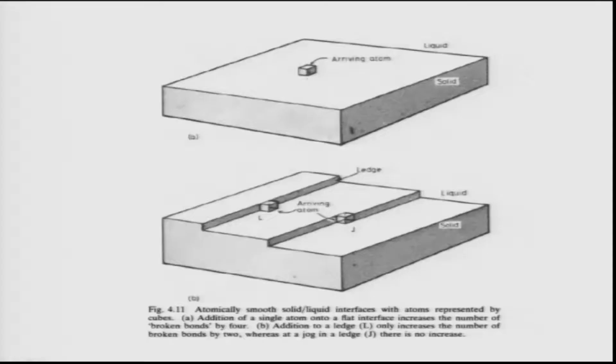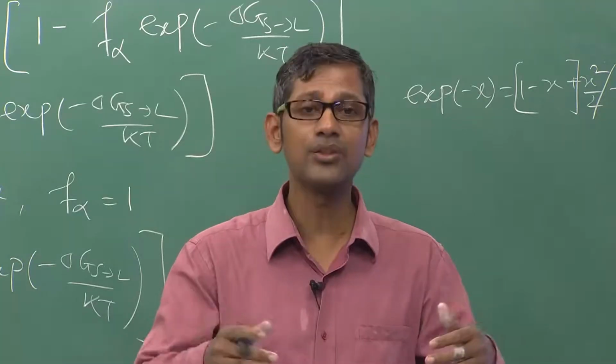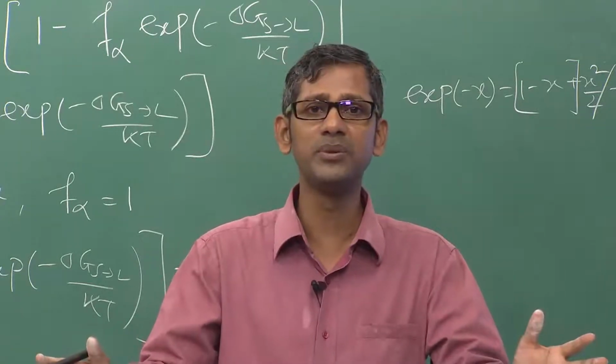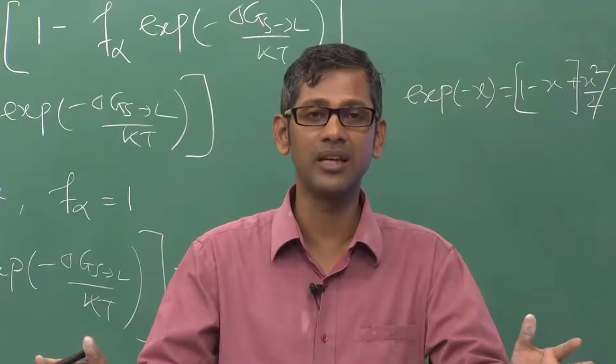Here you see it is only getting attached to this one surface, the bottom one, and the rest of the surfaces are basically hanging. So the atom, even if it comes from a liquid, will not feel completely comfortable, because in the liquid it might be that all the bonds are not satisfied either. In the solid, when it comes, only one bond is satisfied. So there is not much difference between these two situations as far as energetics is concerned.